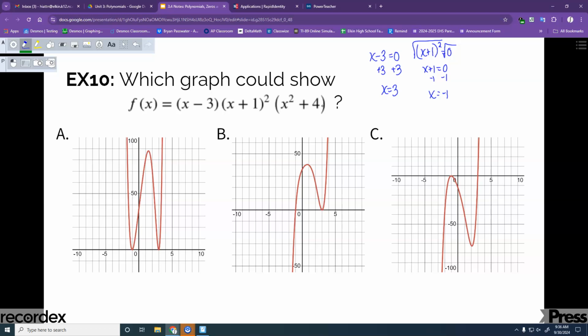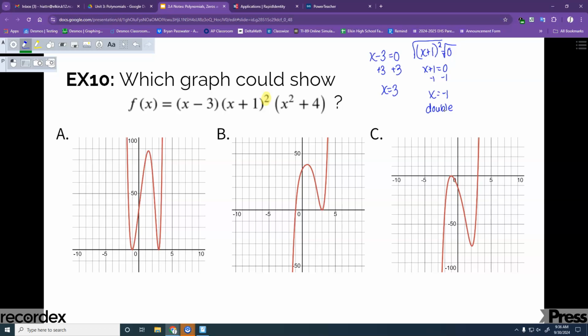And when I have a square right here, it means that we're going to have a double root right there. What do double roots look like on the graph? They just barely touch and go back down, right? At 3, we should cross, but at negative 1, we should touch and go back down.